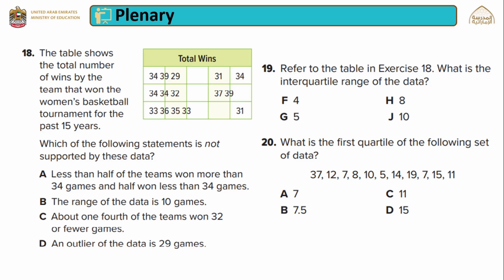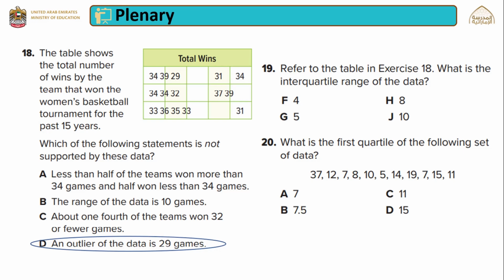The range of the data is 10 games. About one-fourth of the teams won 32 or fewer games. An outlier of the data is 29 games. By finding the outlier of the data, we can observe that 29 is an outlier value of this data.